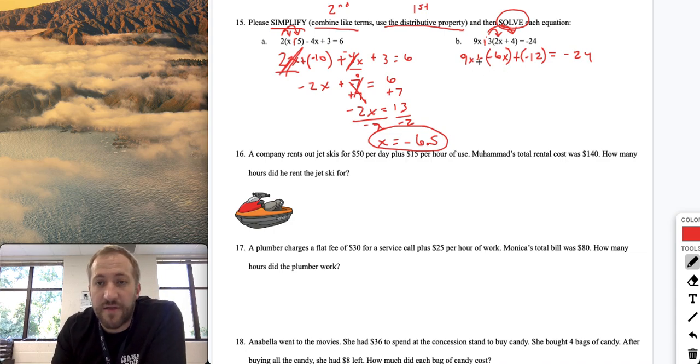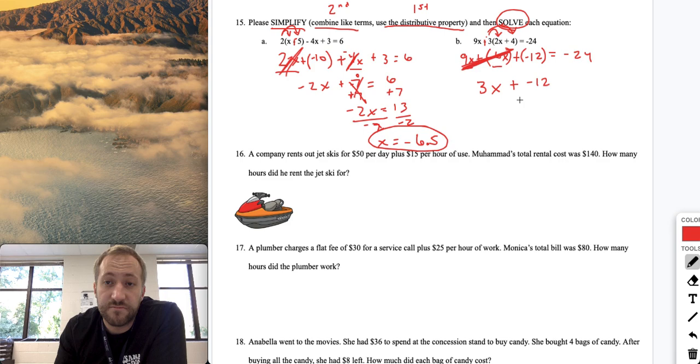So let's go ahead and combine like terms. 9x and negative 6x, those combine to give me 3x. Done with those. Plus negative 12. You could write plus negative 12, or you could have also written just minus 12. Those are the same thing. So if I want to get rid of a negative 12, I have to add 12. That's how I get rid of that.